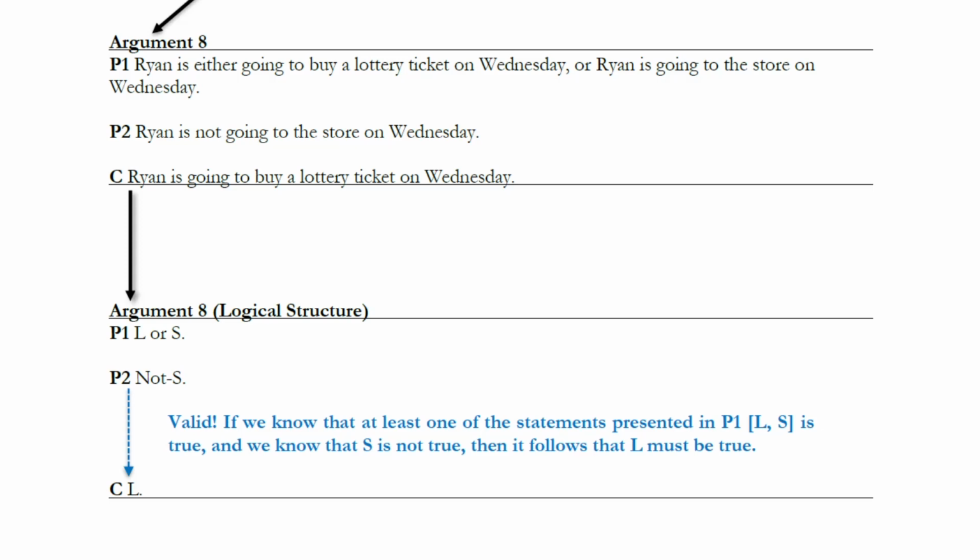Specifically, it tells us that S is not true. Since we know that at least one of the options presented in P1 must be true, the fact that we now know that one of those options is false means that the other option must be correct. It must be true. Because we know that Ryan is not going to the store, we can validly conclude that he is going to buy a lottery ticket. So, this is a valid argument.